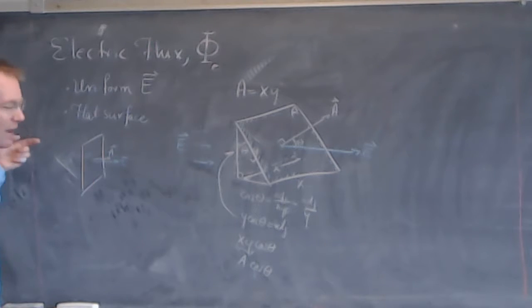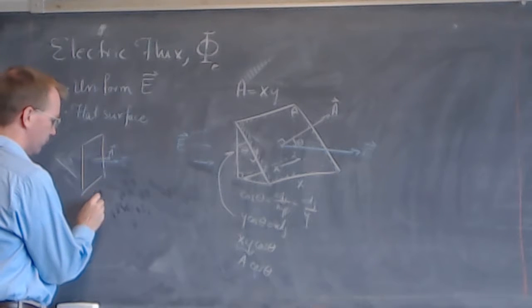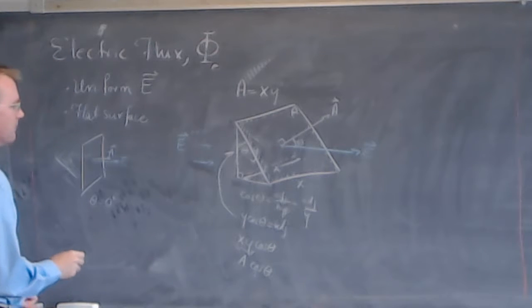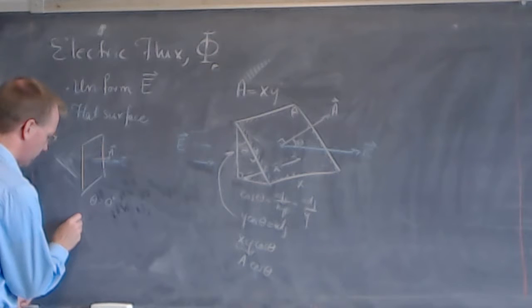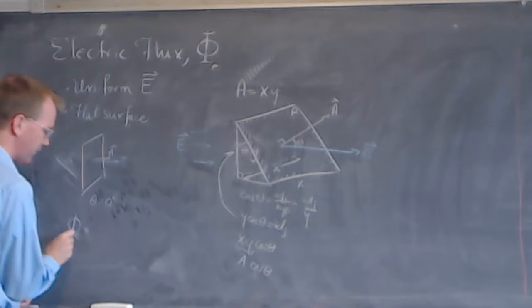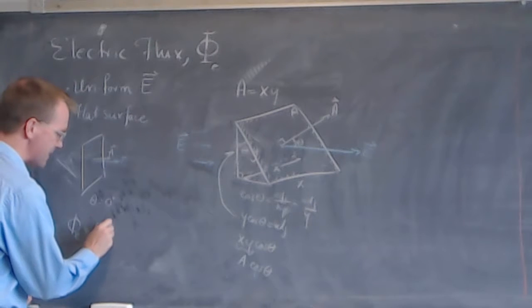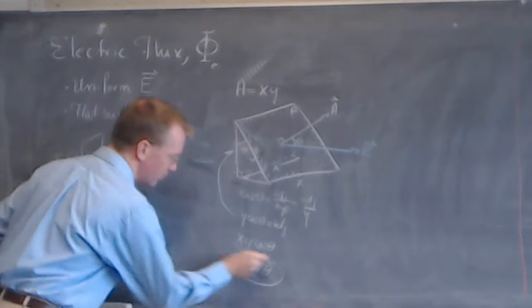Okay, so if the electric field hits the surface face on, and these are parallel, theta equals 0 degrees. My electric flux is going to be E A cosine theta.